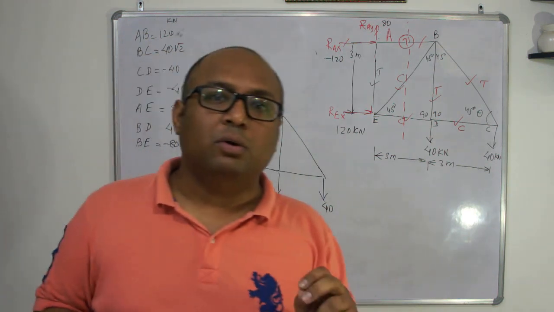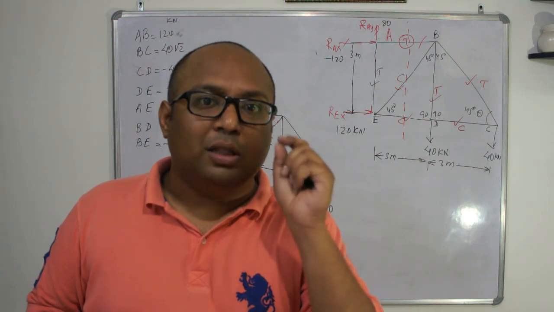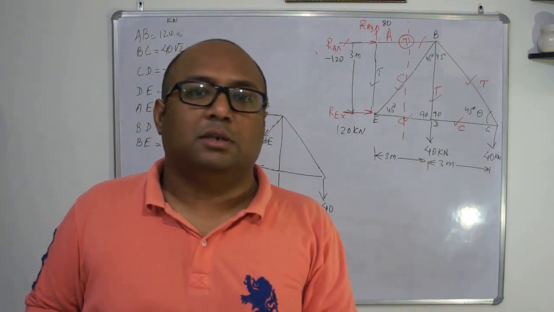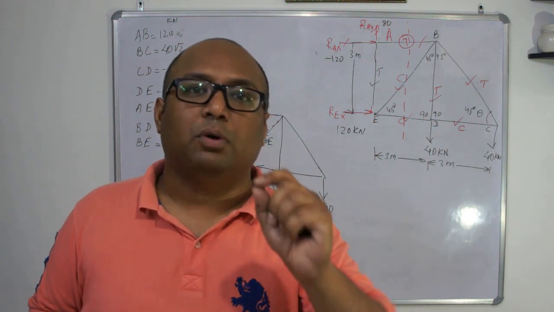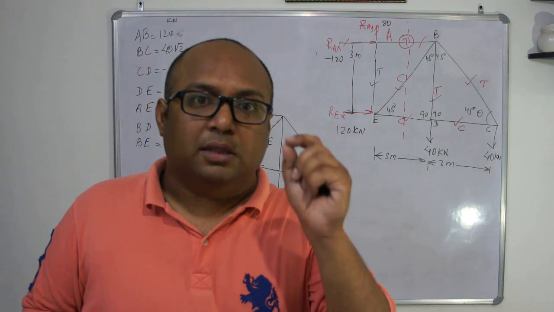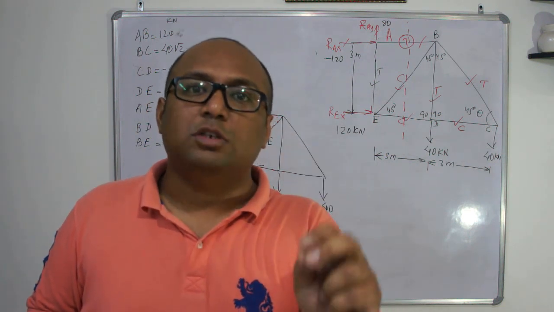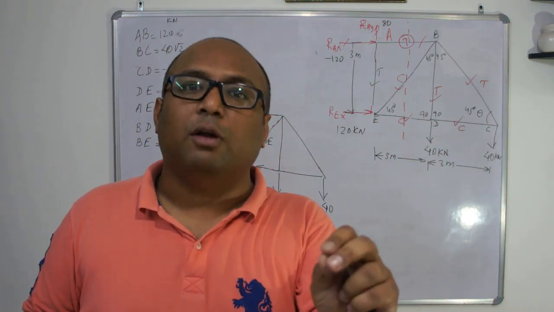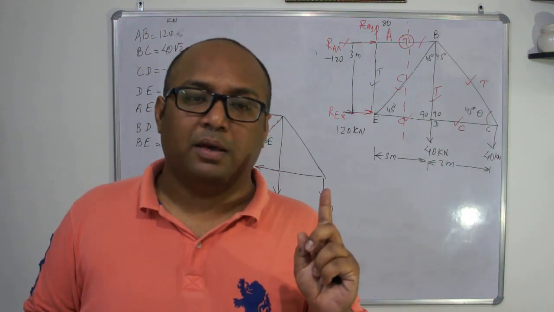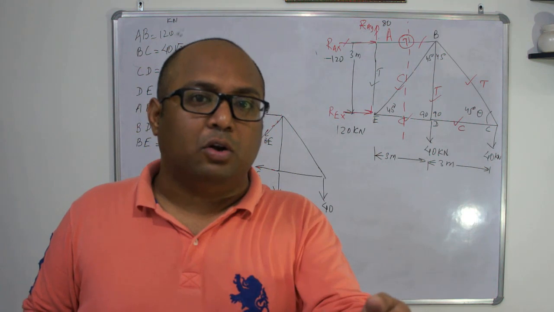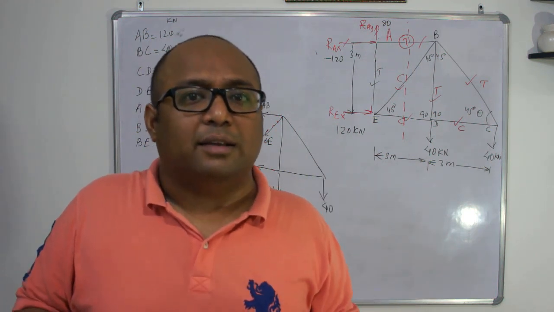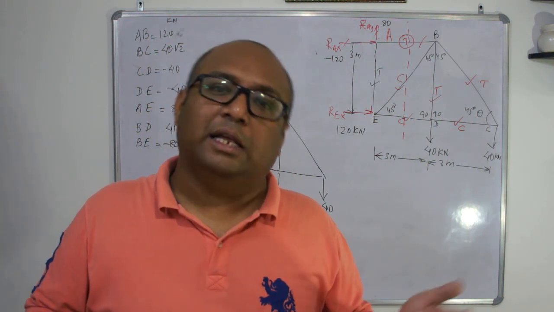All the arrows you draw while solving the truss should follow this simple protocol: all the arrows must be moving away from the joint along the member. And while you are drawing an arrow of this kind, the assumption is all the members are in tension.